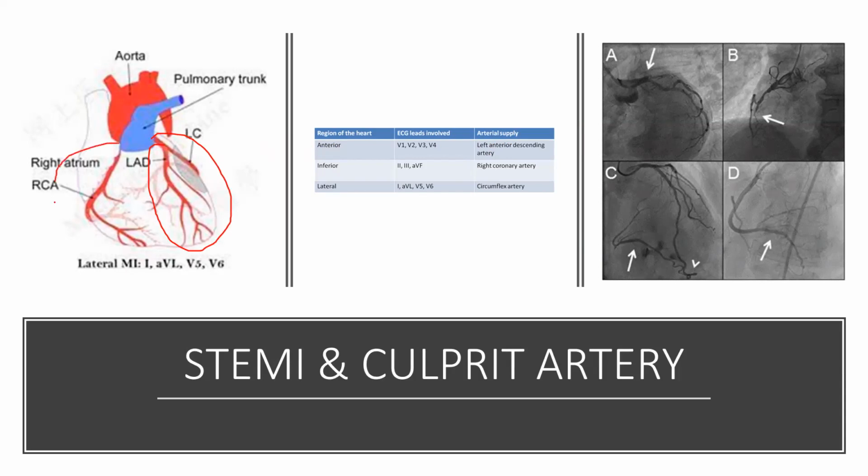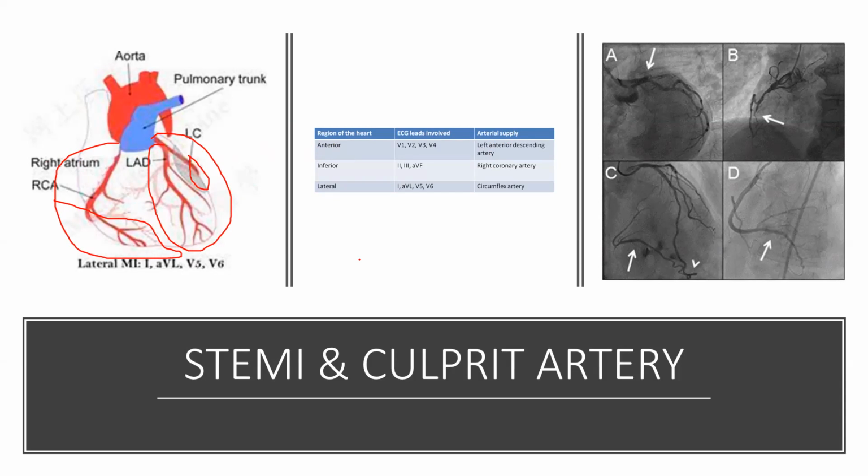The inferior, right over here, is supplied by the right coronary artery. And the lateral views are going to be supplied by the circumflex coronary artery.